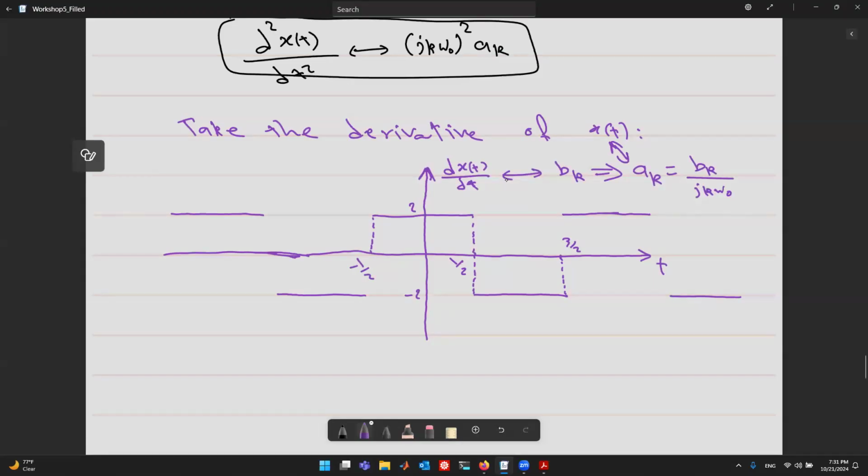We already know that this bk is just ak multiplied by jk omega naught. We can find the bk from here, and then we will easily find ak from the Fourier series.